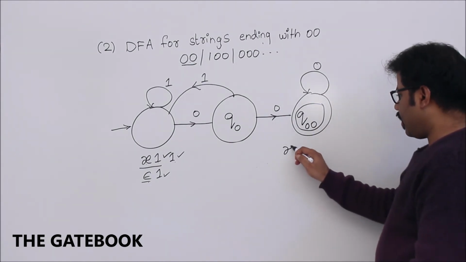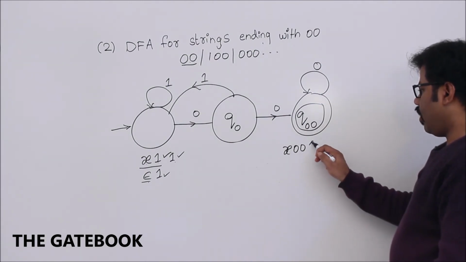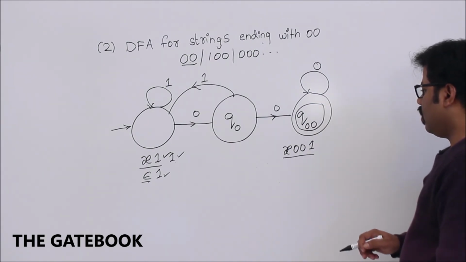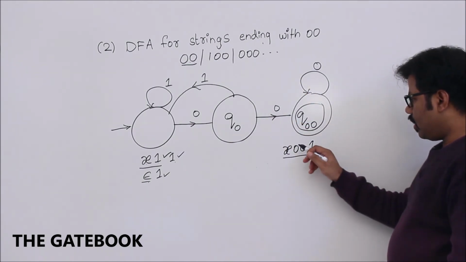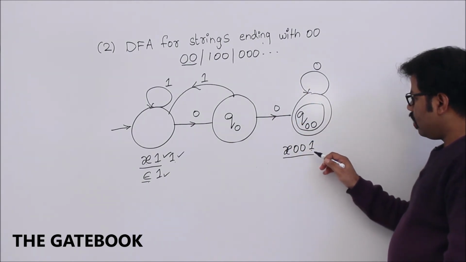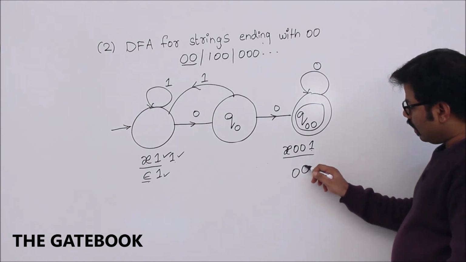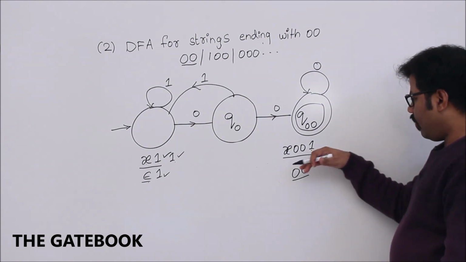What if you have a pattern x00 and 1 comes? You are detecting a string ending with 00, but now the pattern got spoiled because of 1. Again two more zeros are needed to have the right pattern.